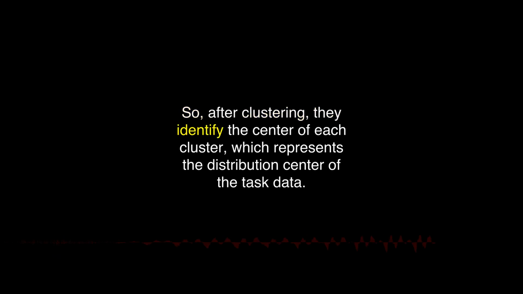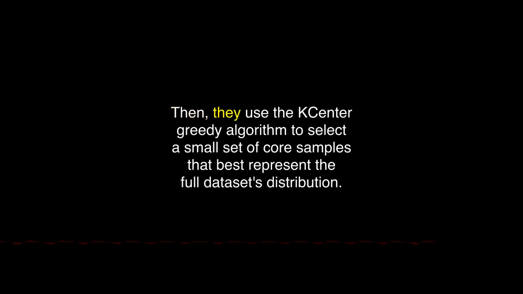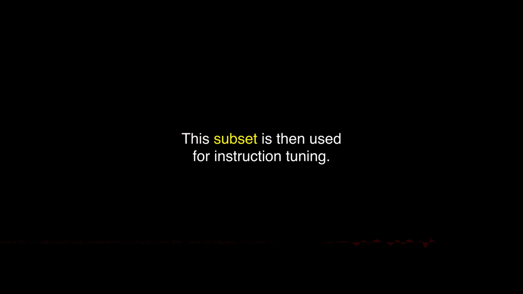That's interesting. So, after clustering, they identify the center of each cluster, which represents the distribution center of the task data. Then, they use the k-center greedy algorithm to select a small set of core samples that best represent the full dataset's distribution. This subset is then used for instruction tuning.